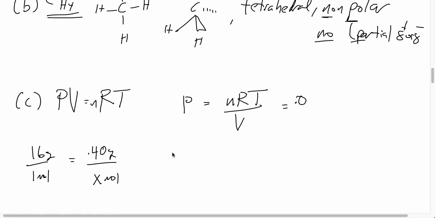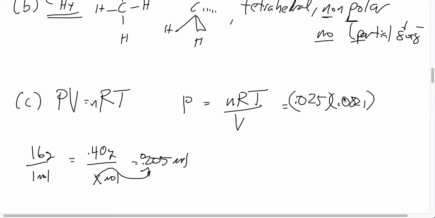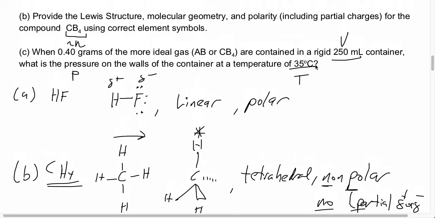So X is equal to 0.025. We know that R is 0.0821. We know that the temperature is going to be this plus 273. So 35 plus 273 equals 308.